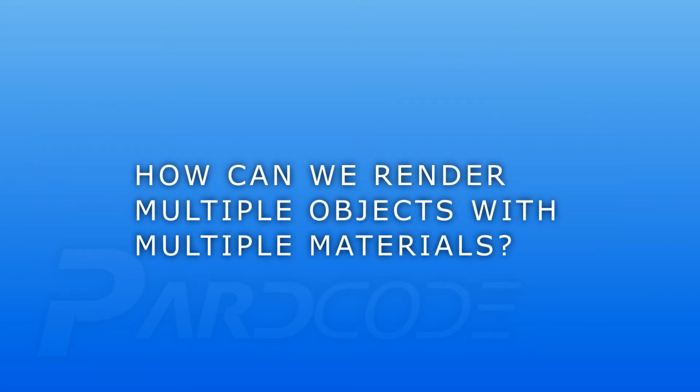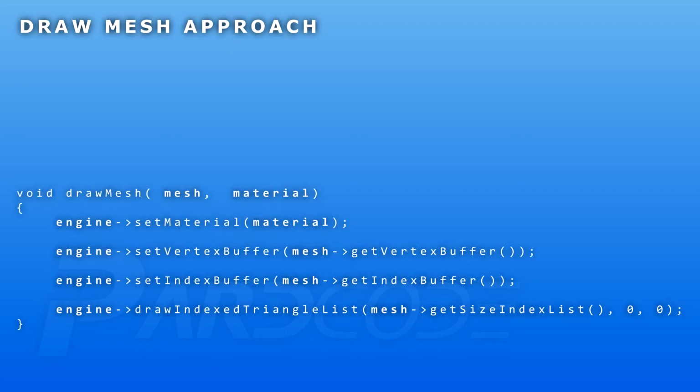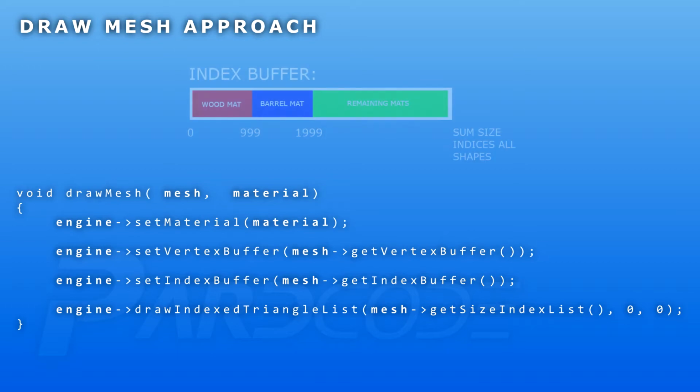Well, but how can we do this concretely? So far we have used this approach inside the draw mesh method of app window, where we set a single material and we draw only one set of faces or triangles. But now we have to review the approach a little bit. Let's take our reorganized vertex and index buffers.